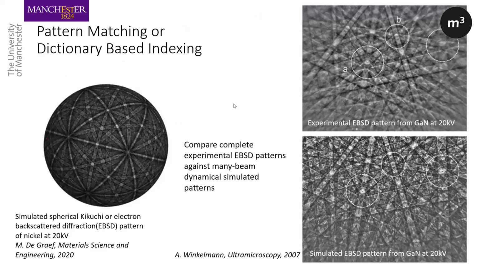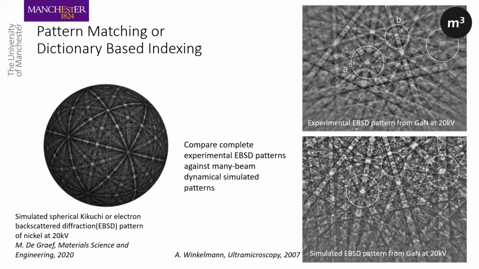Another development, fairly recently, is pattern matching or dictionary-based indexing, which is based on simulated spherical Kikuchis that I'm showing here, simulated patterns which are compared to EBSD patterns. So these simulations are many-beam dynamical simulations, and an example is shown here of a spherical Kikuchi at the left-hand side, from nickel at 20 kV.